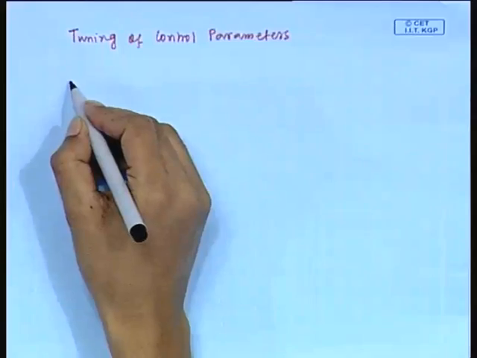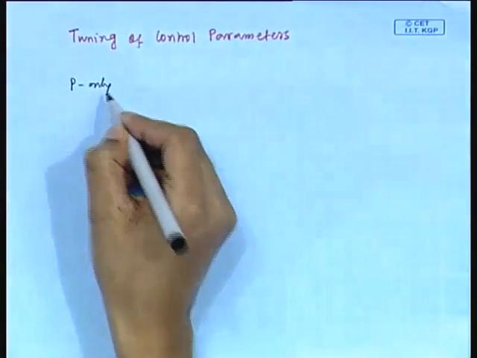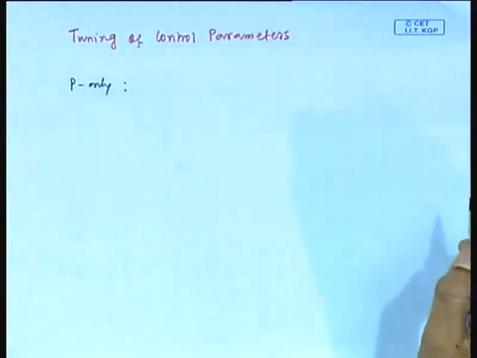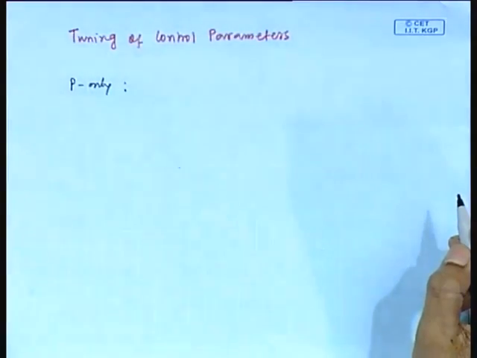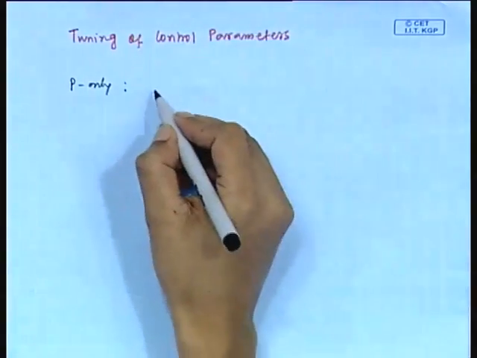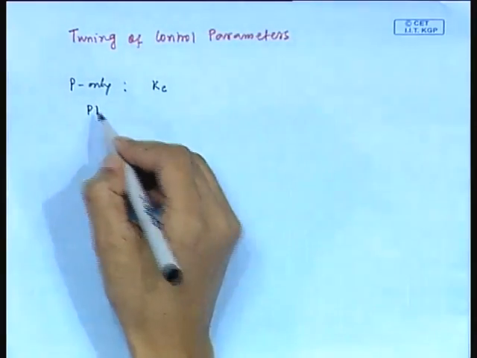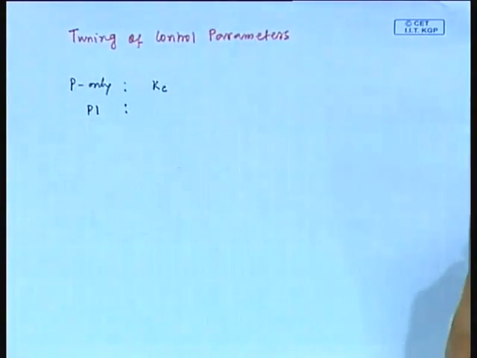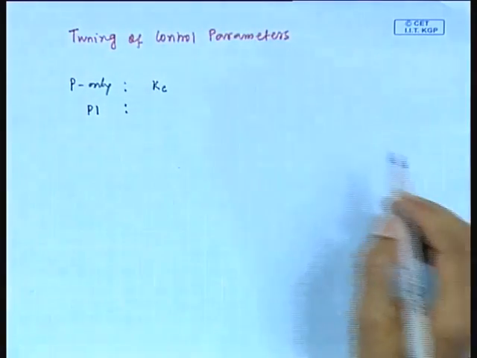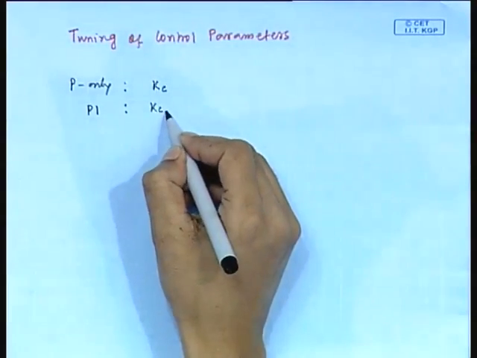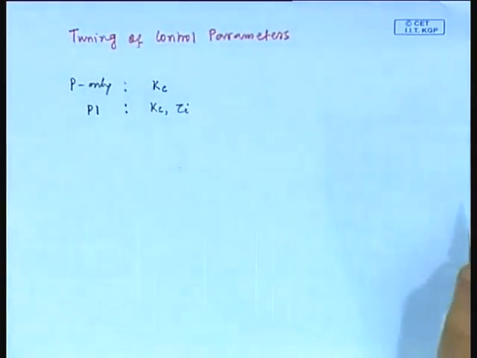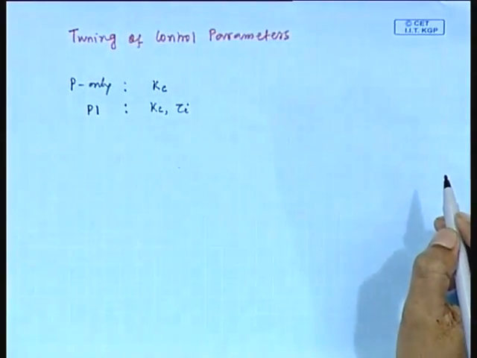For P only controller, one tuning parameter is there, that is Kc, proportional gain. In PI controller, two tuning parameters are there. One is Kc, another one is tau I. Tau I is the integral time constant.